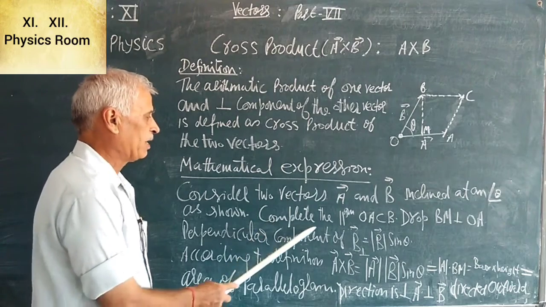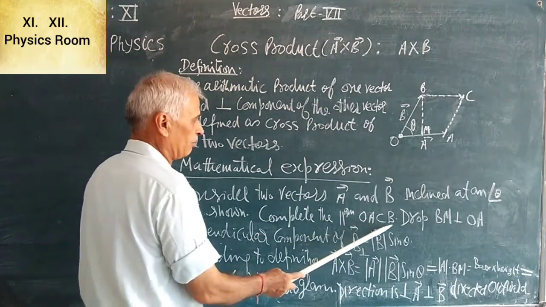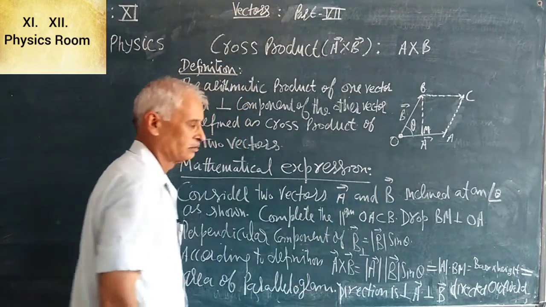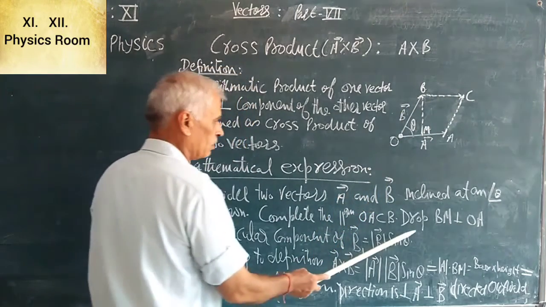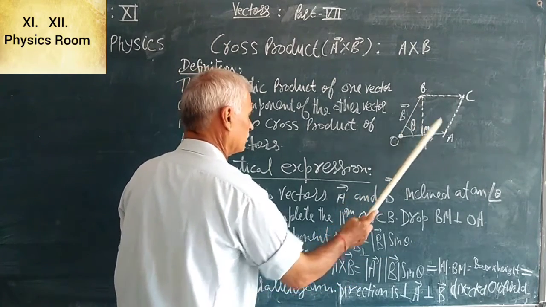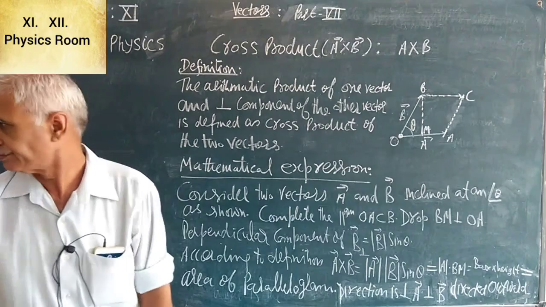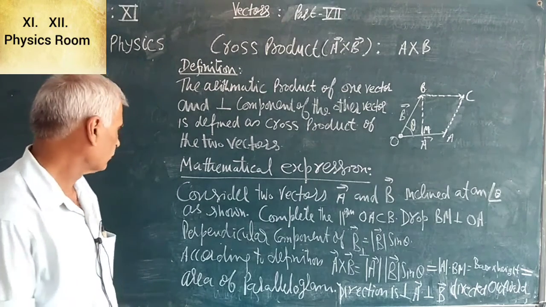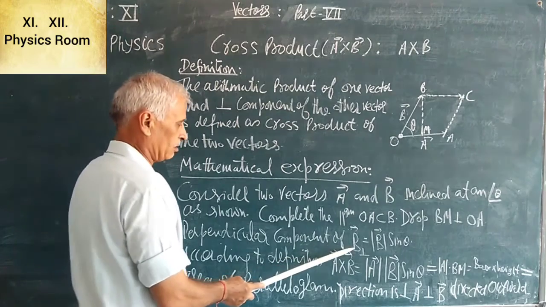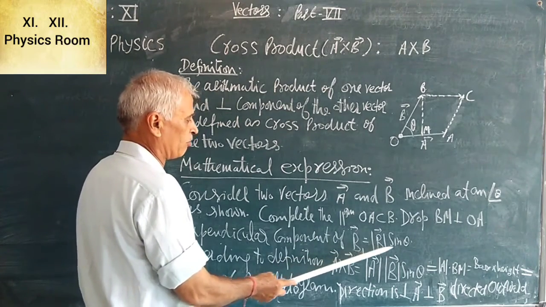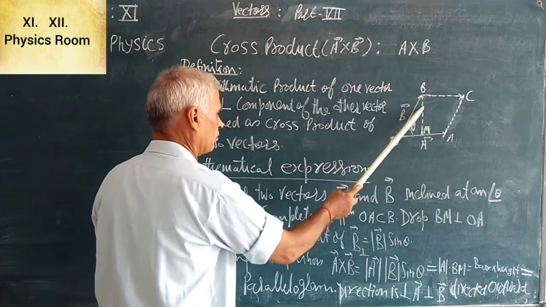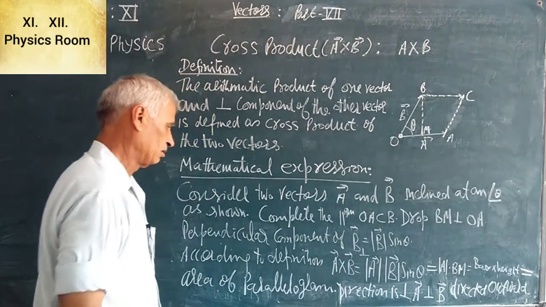Now complete the parallelogram OACB. Drop BM perpendicular to OA, some construction. Now the perpendicular component of B is equal to mod B sin theta.